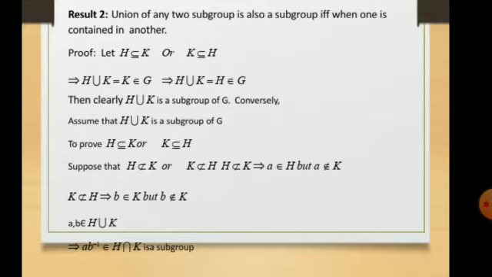That implies ab inverse belongs to H union K, which is a subgroup.